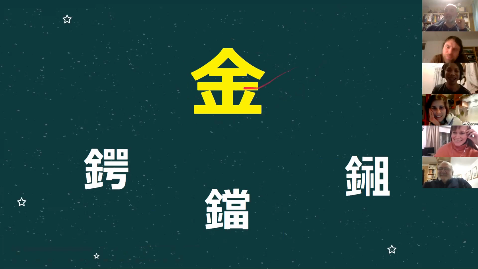So this kanji. Yes. So when you see this radical, then it means the kanji has something to do with metal, or it's made of metal. And if you look at this kanji, it looks like the entrance to a mine shaft, and you go in there and you dig up your ores.